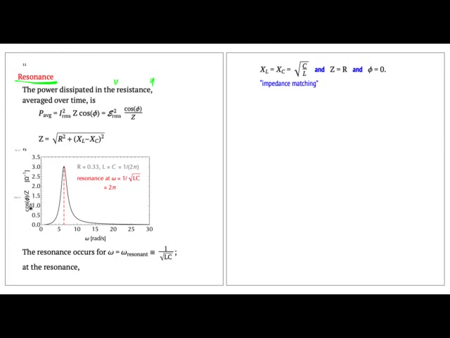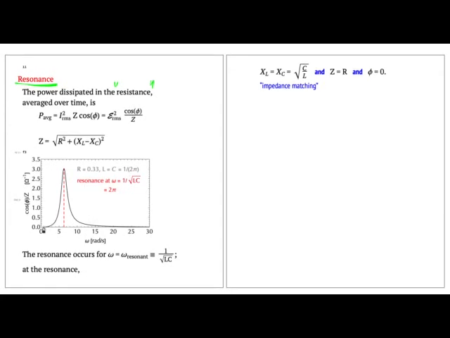So here I've plotted cosine phi divided by Z, that has units of inverse ohms, as a function of angular frequency, that is units radians per second, for these values of R, L, and C. I took R to be 0.33. I took L and C to be the same, 1 over 2 pi.